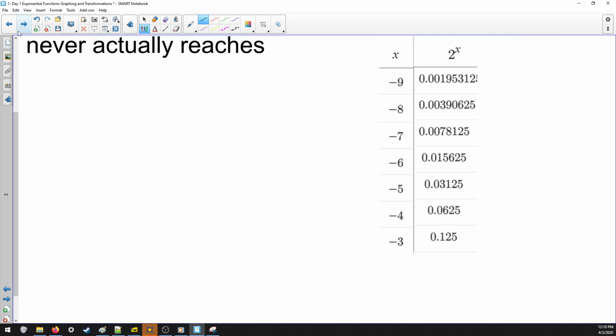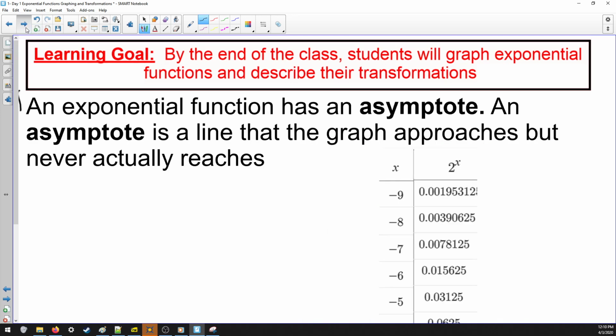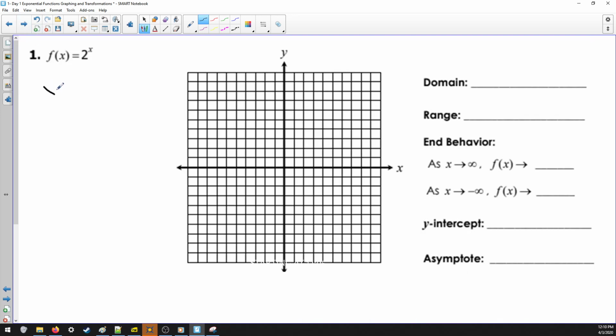I guess I'll make it real quick. We just made a quick XY table. You can do anything you want as far as inputs go. The domain of every exponential function, with rare exception, is all real numbers. You can write that as the R symbol, or with the infinities, and say pretty much plug in anything you want.